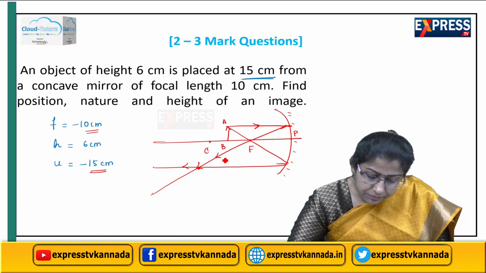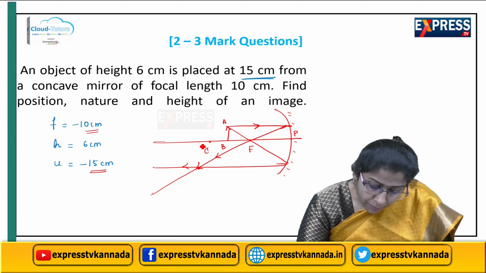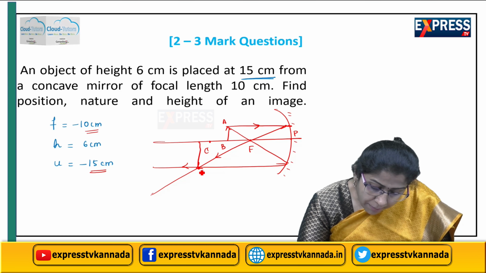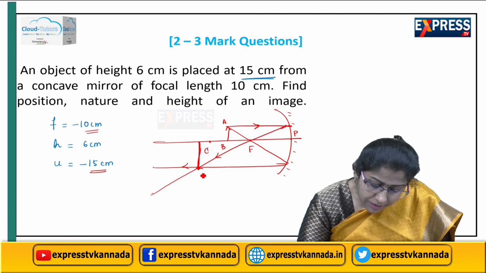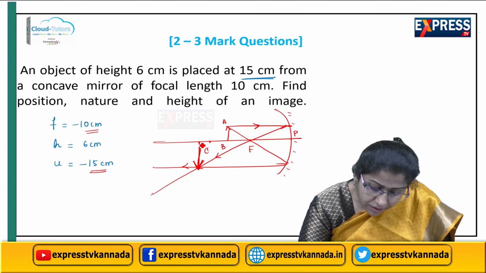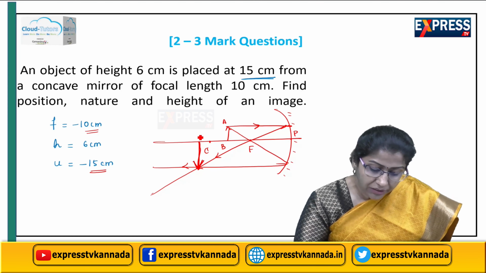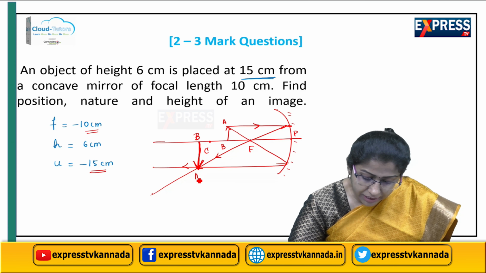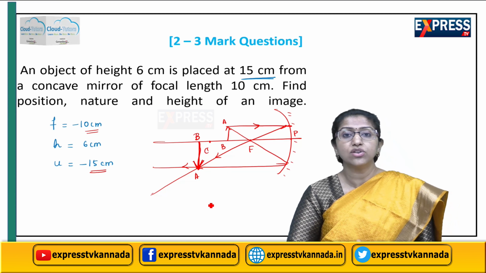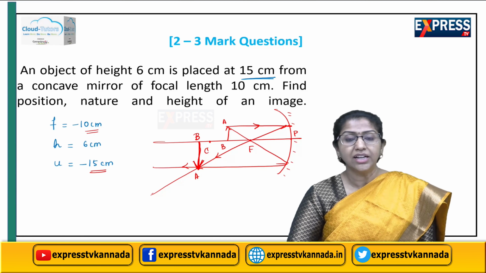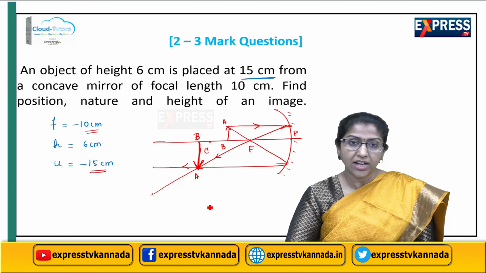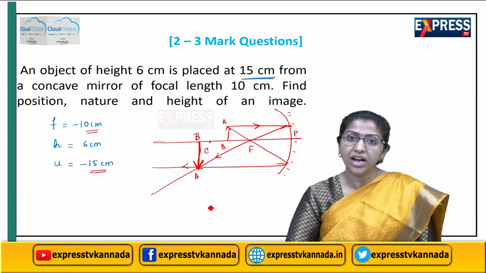You get an intersecting point of these two rays, drop a perpendicular to the principal axis, and you have a real and inverted image. Name it as B and A. You see that the nature of the image is perfectly right. The size of the image is quite enlarged, and hence you can validate your answer.